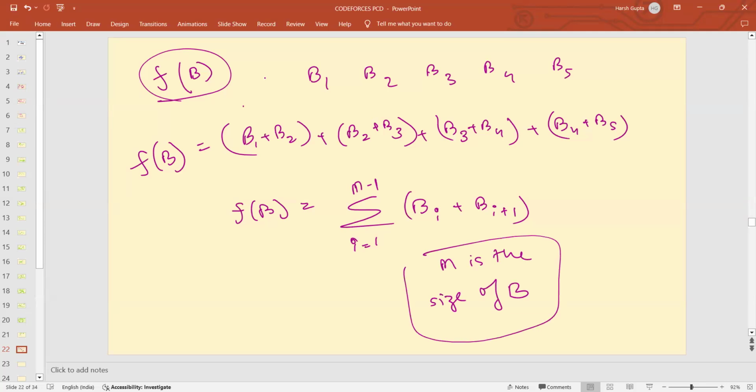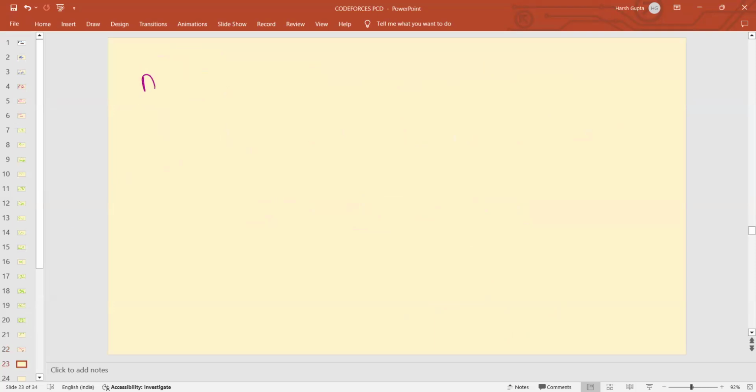Does everyone understand this function f and what it is calculating? Does anyone have any doubt in that? Okay. Once you understand what this function f is doing, the question says that you are given an array A that contains n integers.